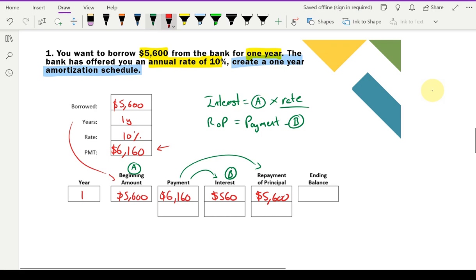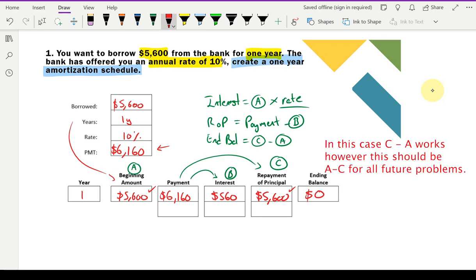So if we call this C, then the ending balance is just equal to C minus A. I hope that's not too confusing. So that means this is the 5,600 minus the 5,600. That puts us back to $0. And that is the amortization table, pretty much.